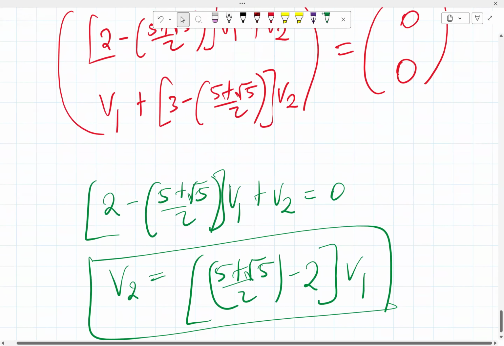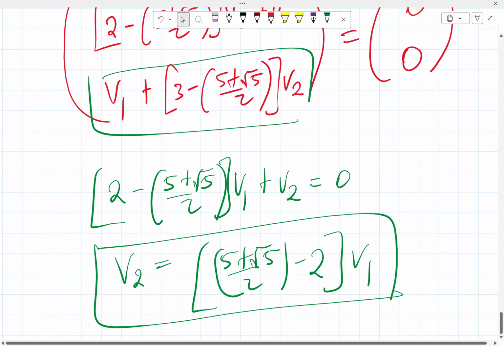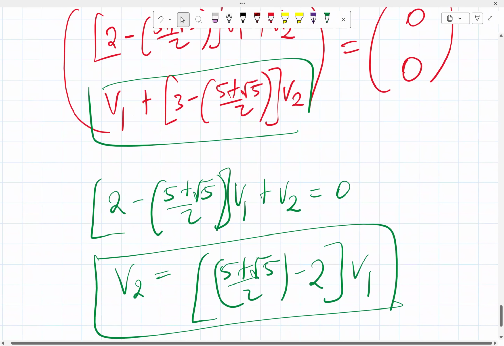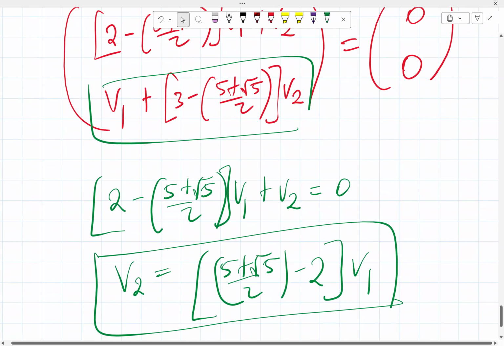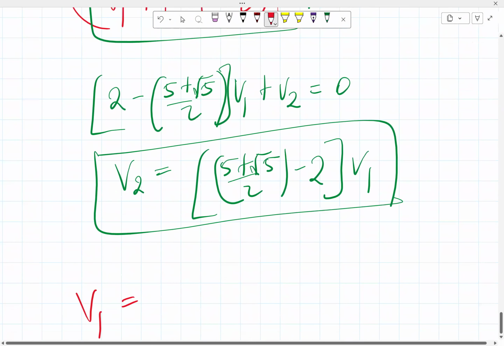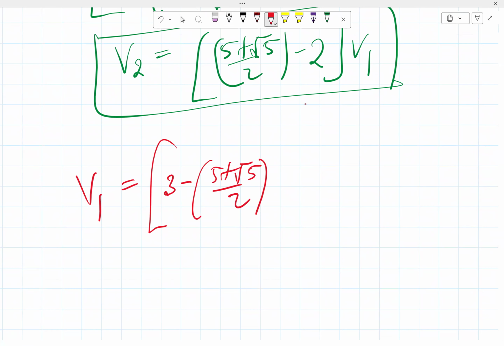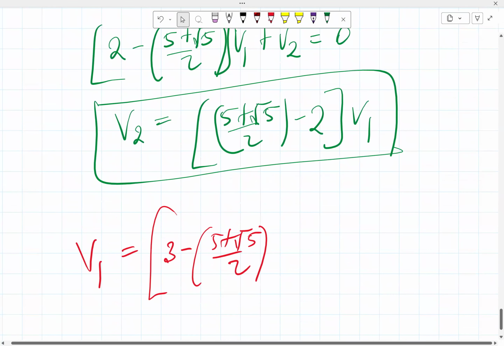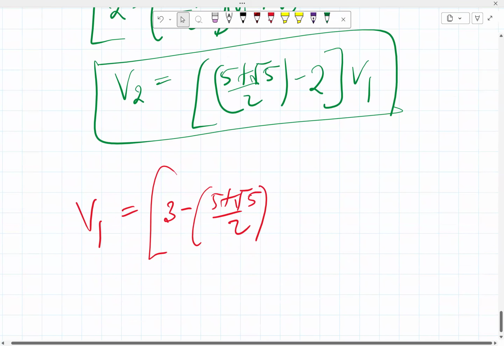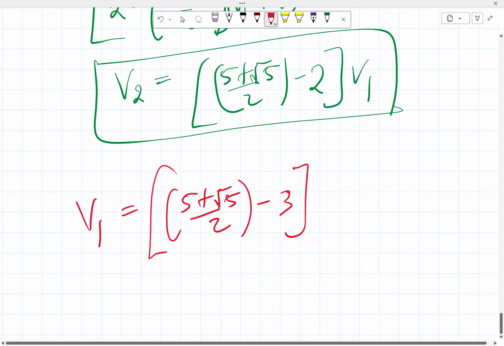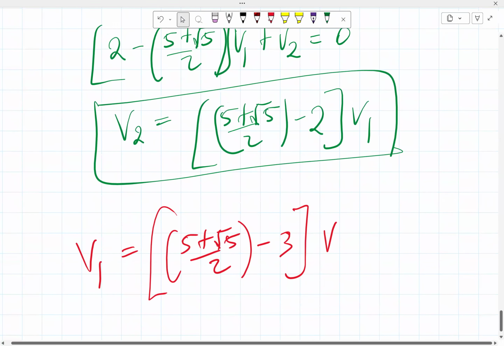So for the other one, from this expression, we can have V1 is equal to 5 plus root 5 over 2 minus 3 V2.